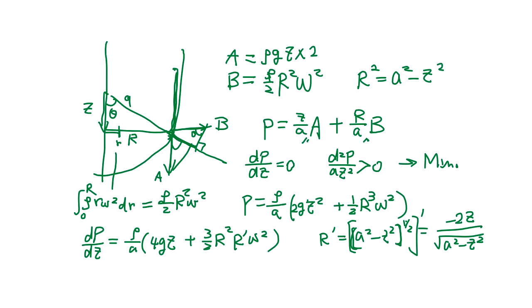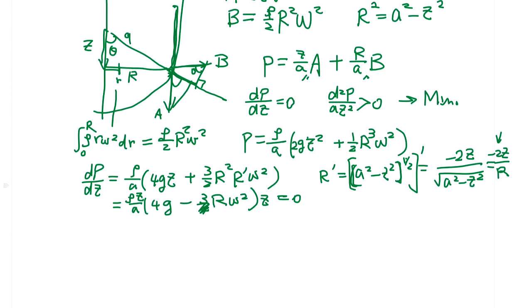Okay, so we take the common z out, 4g minus 3 over 2, and this is going to be minus 2z R. So this 2 disappears because of this 2, and z disappears, omega square, and z, we set this 0.